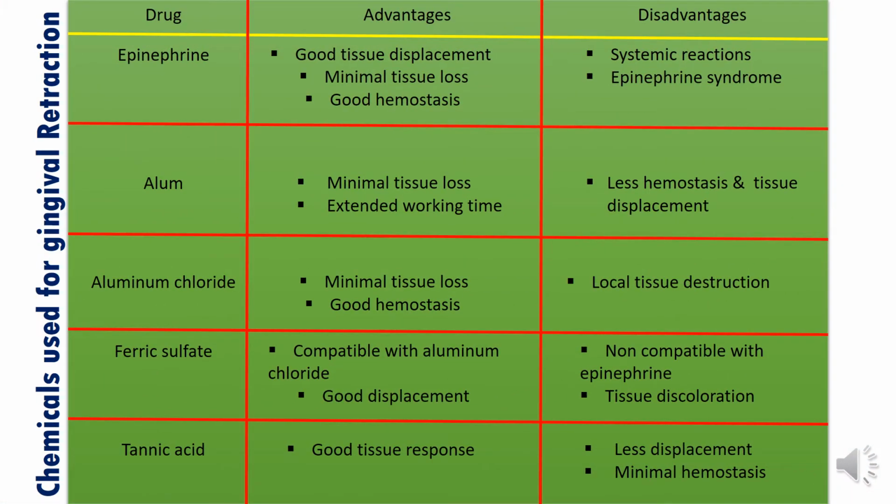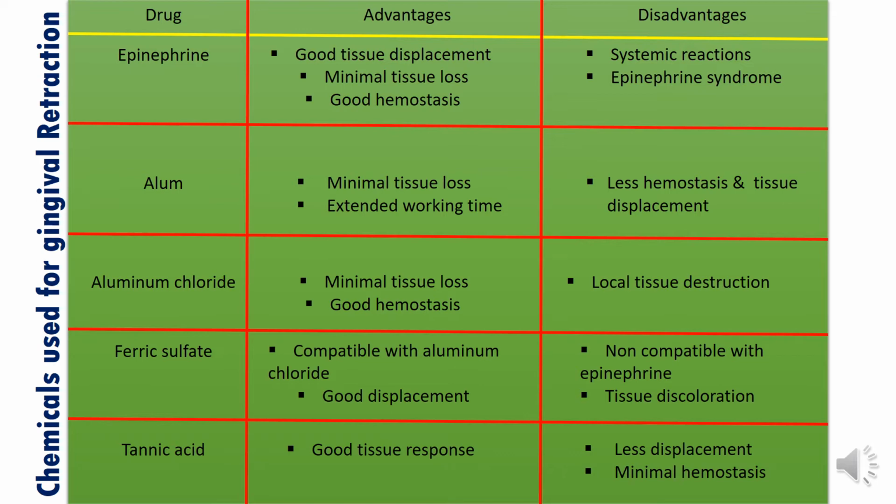Now the method and the drugs which we have to use for your chemico-mechanical method. These are the different liquids which you have to take into the Dappen dish. Then the retraction cord, which I have shown you with different sizes. According to the size you have to select the cord. According to the diameter of the tooth, if it is a molar you need a bigger size, bigger length.